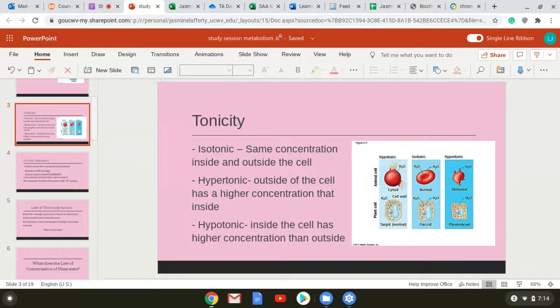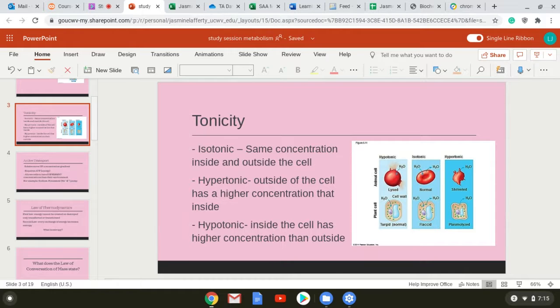It's not going to work for a more complicated reason, but let's just dumb it down to this, okay? It's not going to work. So if a cell has a higher concentration than the outside, okay, water is going to rush in from the outside, and that cell is going to burst when it reaches its limit.